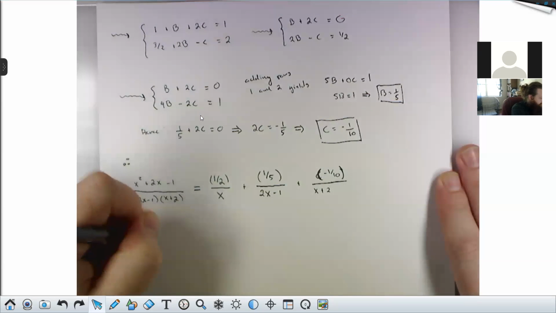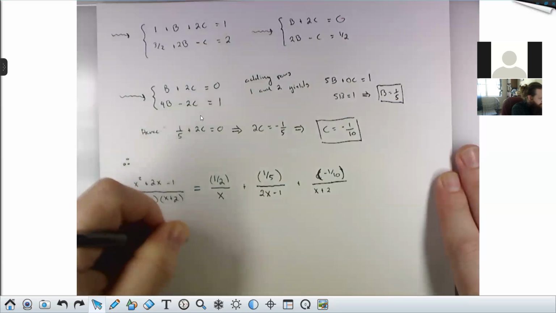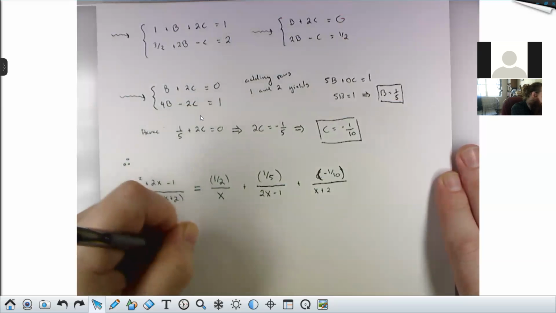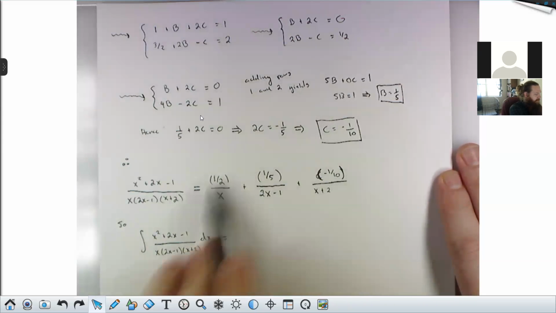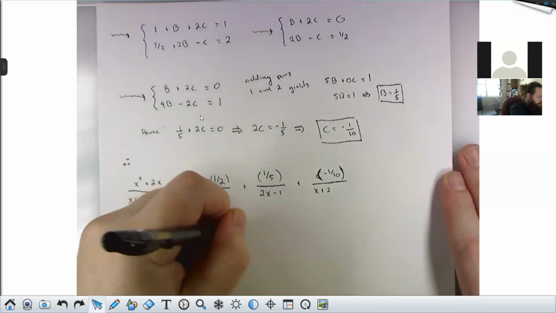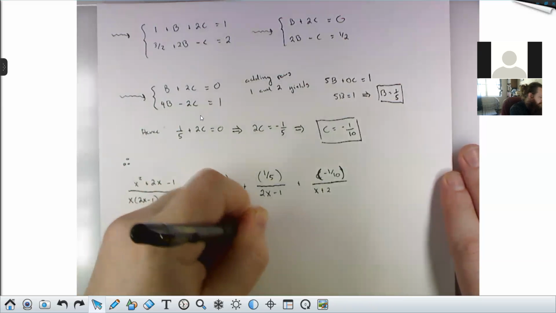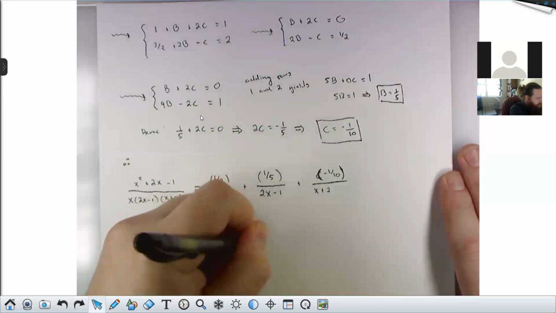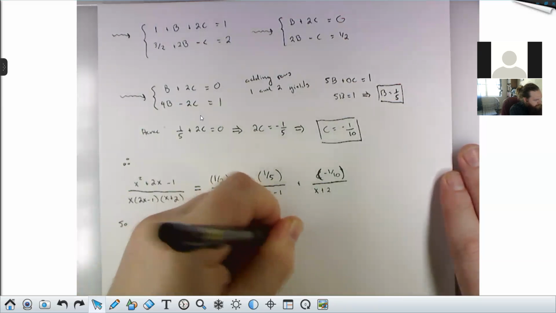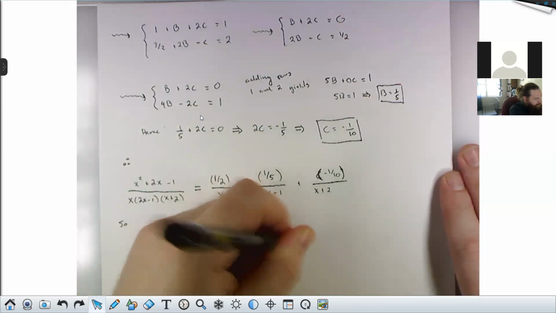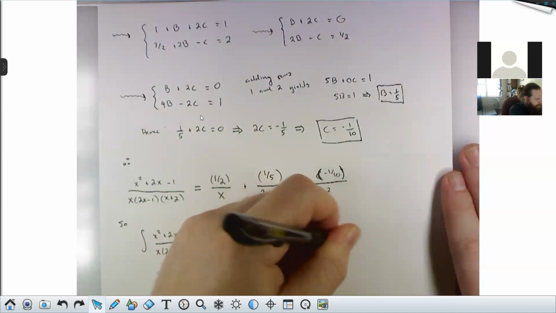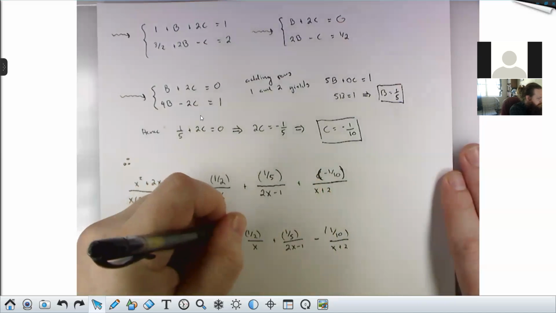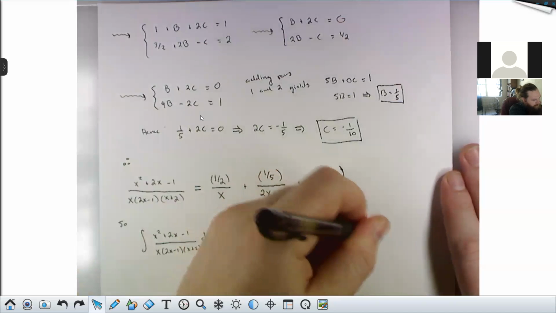So the integral of x squared plus 2x minus 1 over x times 2x minus 1 times x plus 2 dx is equal to the integral of this thing, which I can split up now. I'll write it out just this once. 1/2 over x plus 1/5 over 2x minus 1, minus 1/10 over x plus 2, and all of this dx.